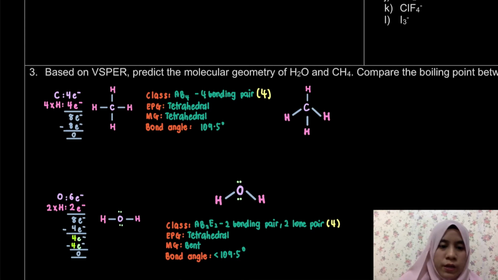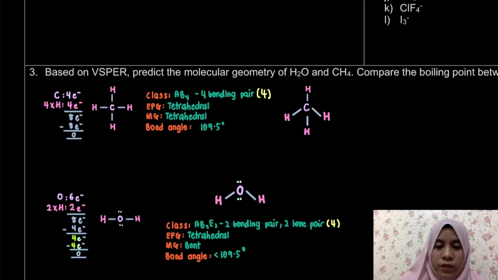To know the valence electron, you have to write down the electronic configuration, then count the total valence electron. So first thing first, you can draw the Lewis structure, which does not depend on the sheet itself. But once it says predict the molecular geometry, then we know we have to write the class, EPG and molecular geometry. Include the bond angle as well.